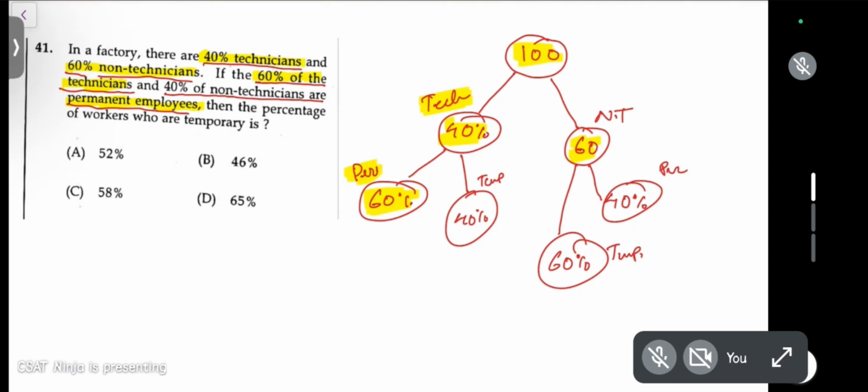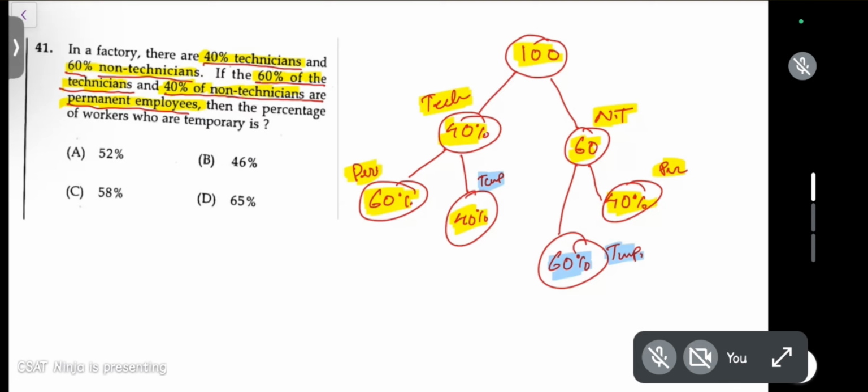And 40% of the non-technicians are permanent employees, which simply means that 40% is temporary and 60% is temporary for this case. But what is asked here? The percentage of workers who are temporary.